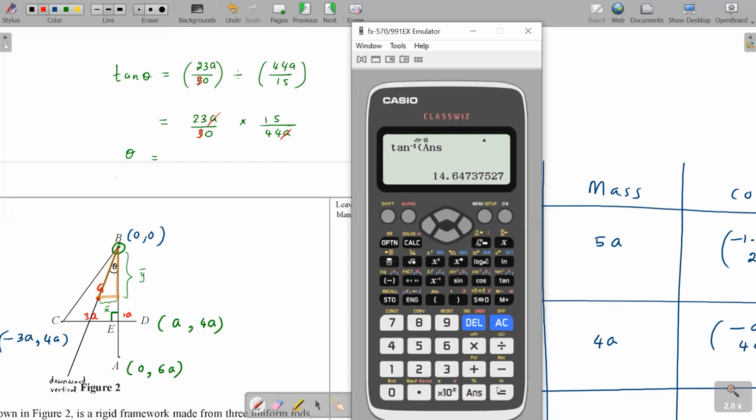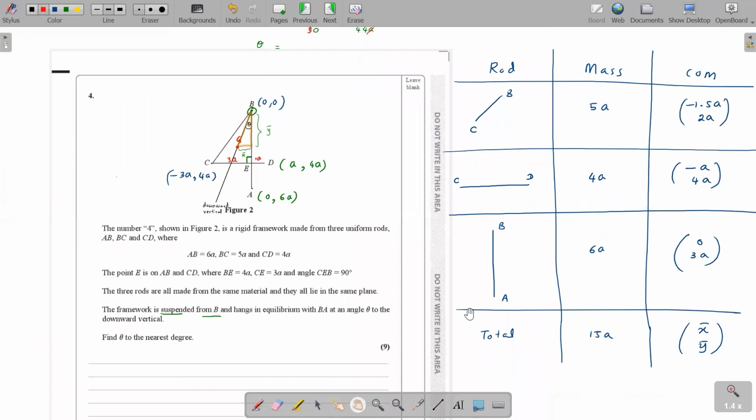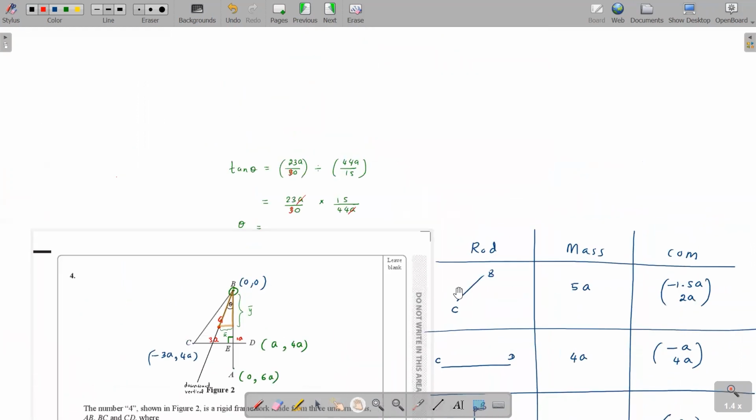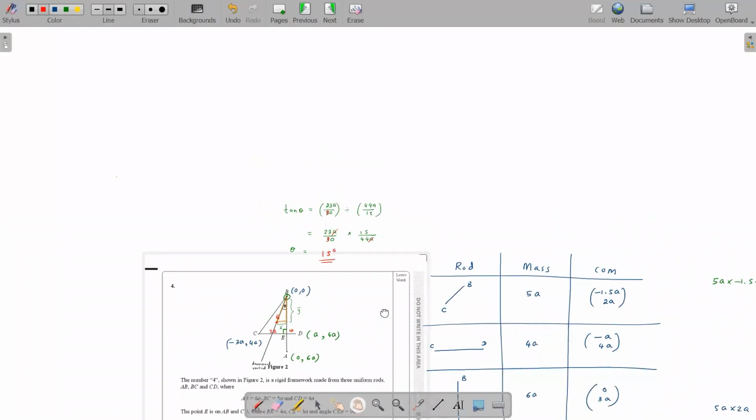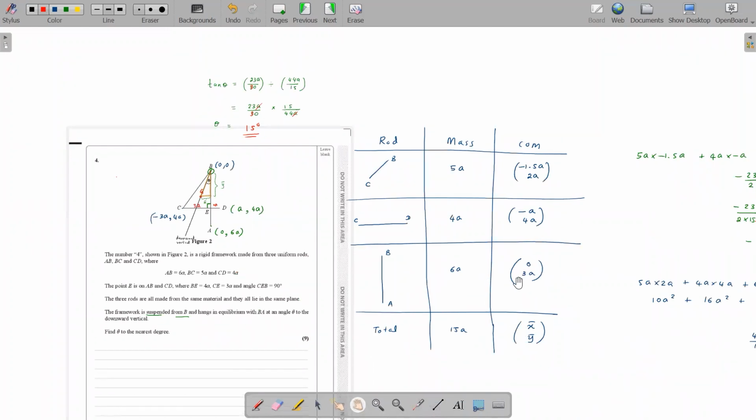Basically, give your answer to 3SF, so you get 14.6. Or have they told you to give the answer to the nearest degree? They told us to find the nearest degree. So to the nearest degree, 14.6 becomes 15 degrees, isn't it? So I hope all of you understood how to find the angle here.